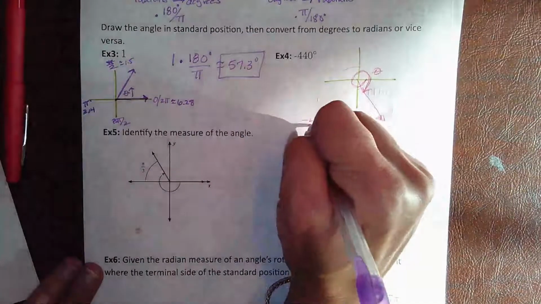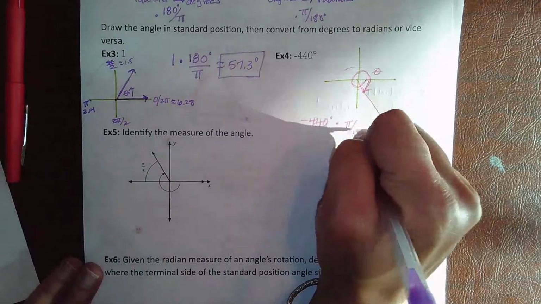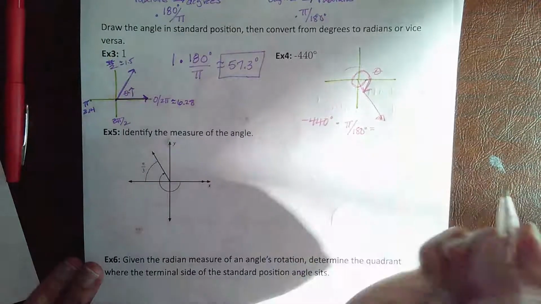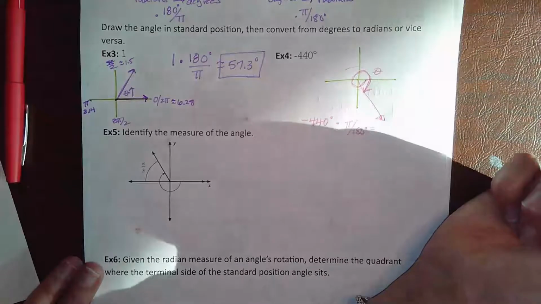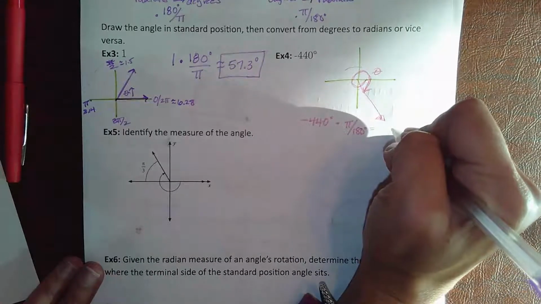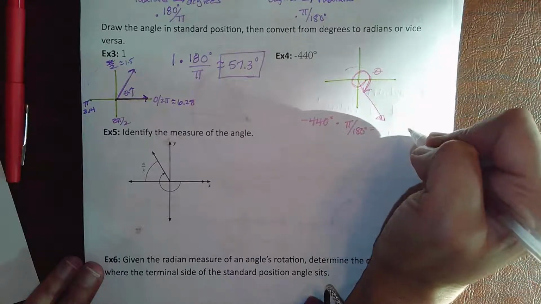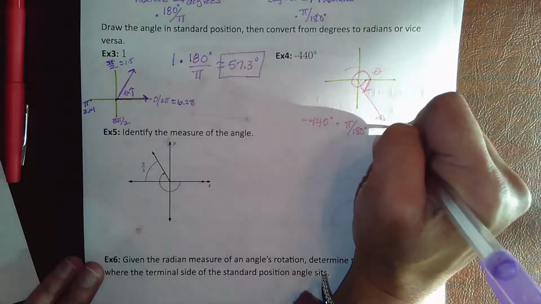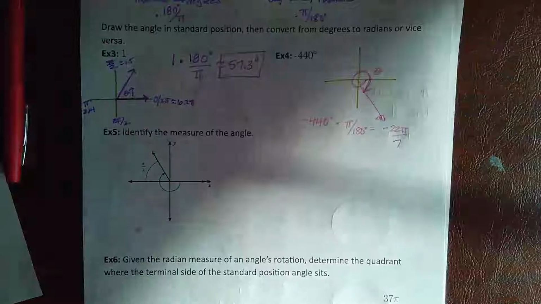To convert from degrees to radians, I'm going to multiply by pi over 180. Notice that the degrees would cancel since one's on the numerator, one's on the denominator. Throw that into your calculator. You could reduce this and get negative 22 pi over 7, and that would be an accurate answer, right?